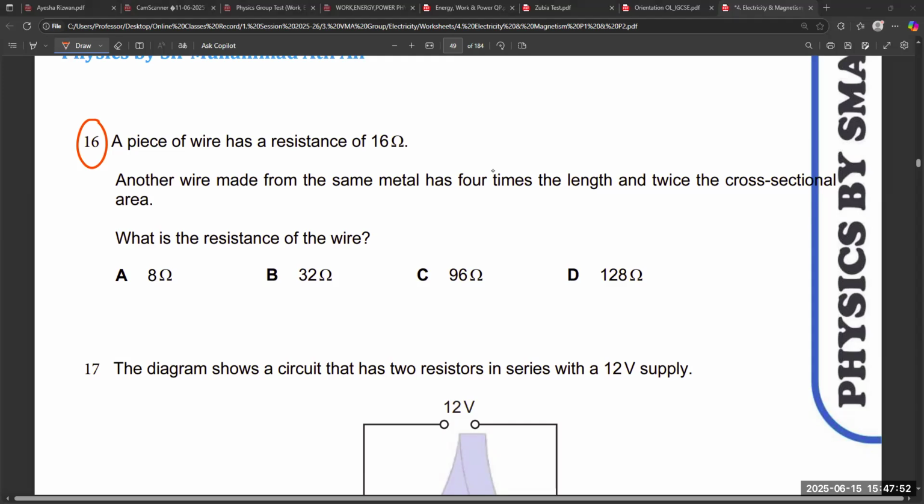Okay, so basically, in this question we have only R1 given, like the resistance of one wire is only given.